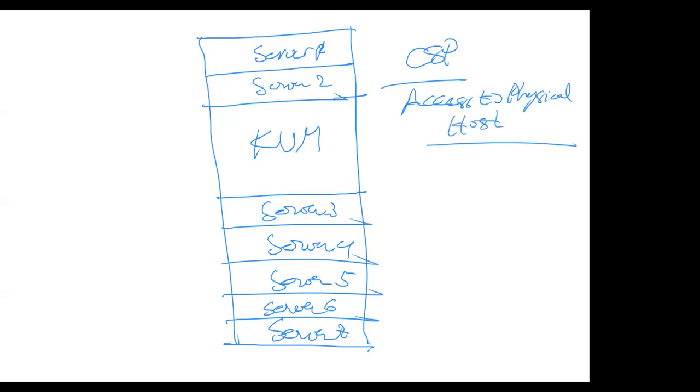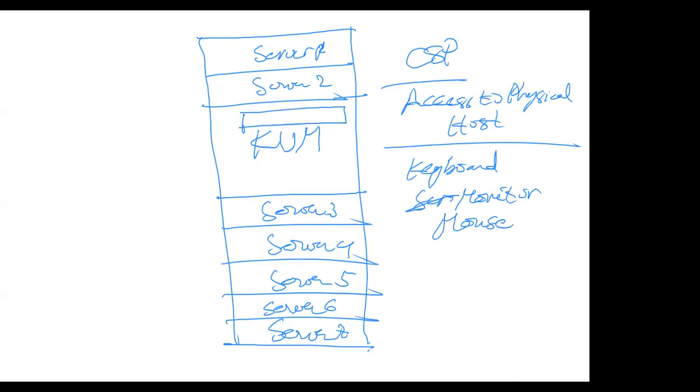This means that I need the keyboard, I need a screen, or let's say monitor, and I need a mouse. On the KVM, you have one switch. It has 8 ports, and each server connects to one of the ports.